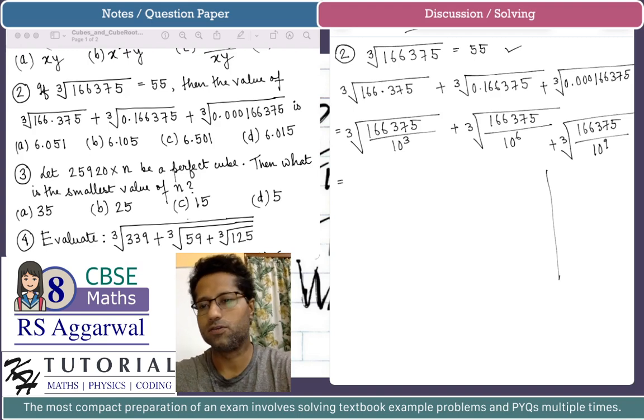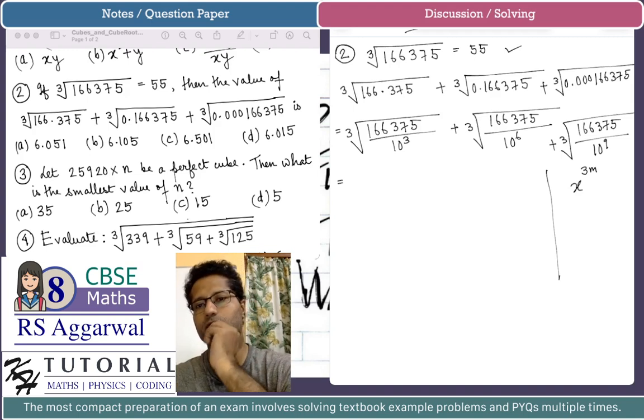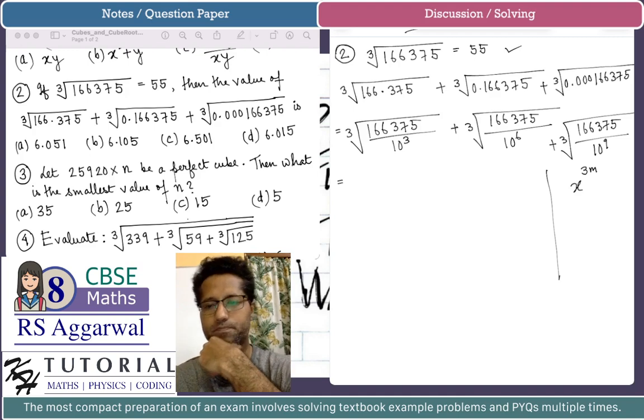We know that for a natural number x, x to the power 3m, where m is also a natural number, will always be a perfect cube.